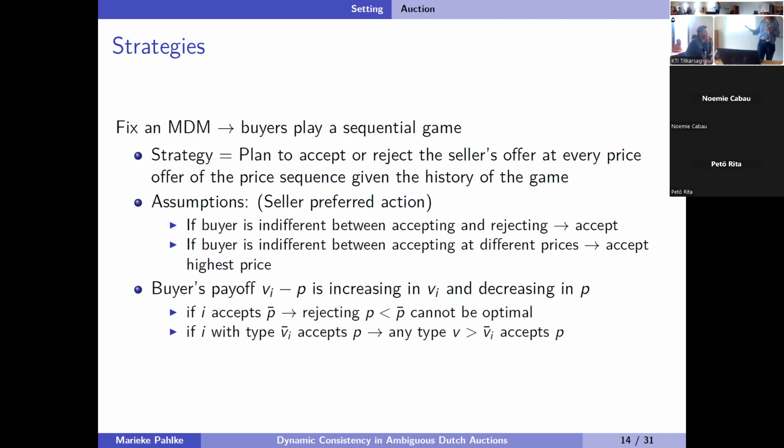So he will choose the seller-preferred option. And then, of course, since the payoff of the buyer is decreasing in the price and increasing in his valuation, if he decides to accept a price, he will also accept any price which is lower than this price. So we basically just have to think about the first price where he will start to accept.